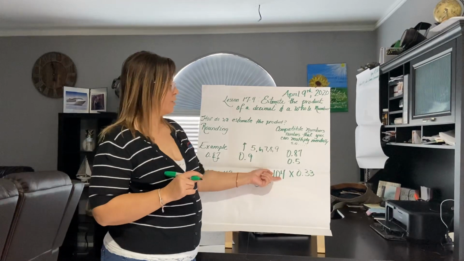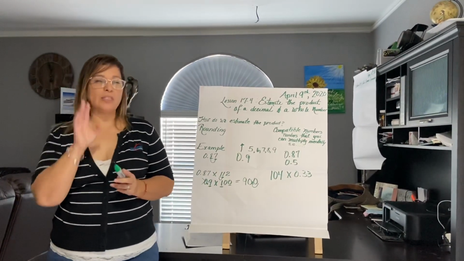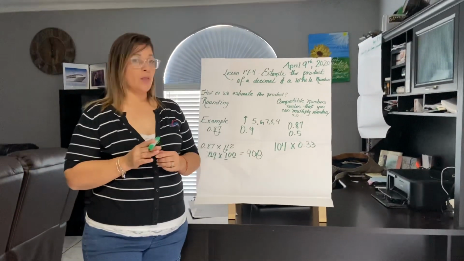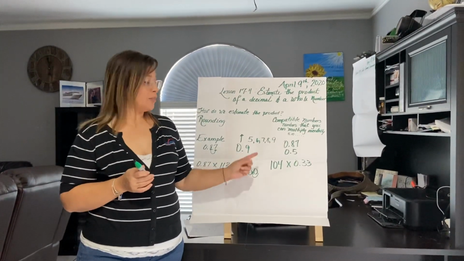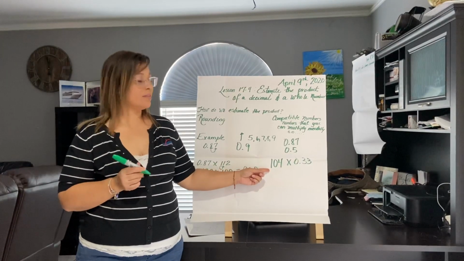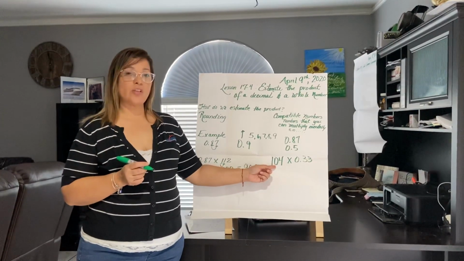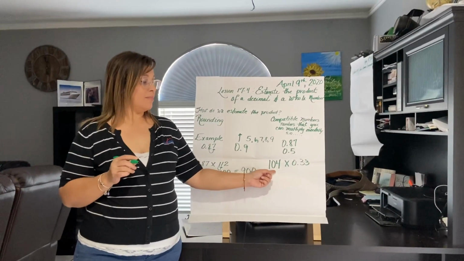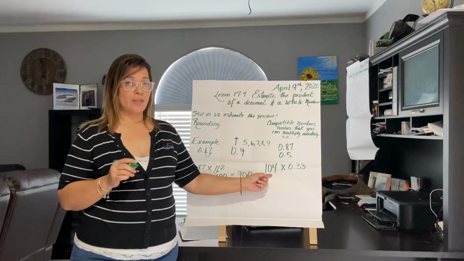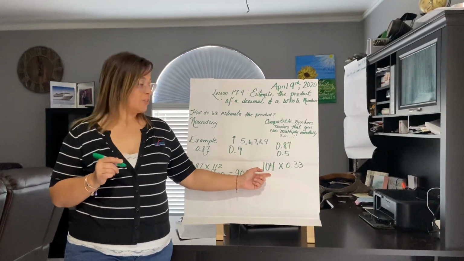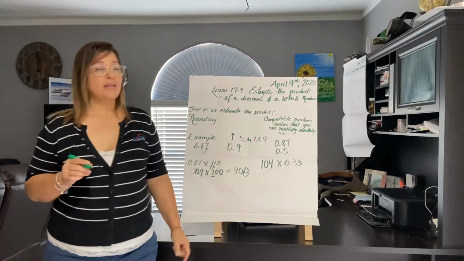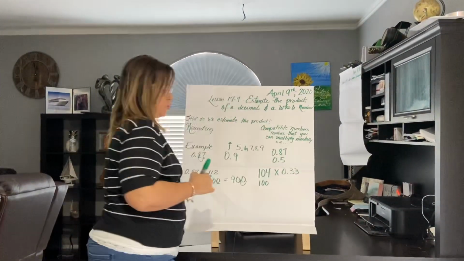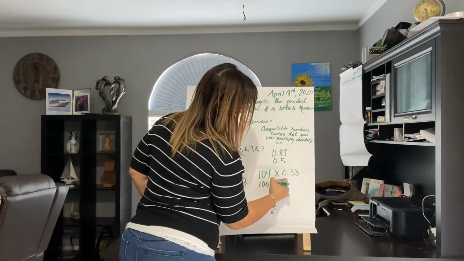So this 104 is going to be rounded to... I'm going to give you 2 seconds to think about that. We look at the number that is in the hundreds place, right? Because to the nearest hundreds. And the number that's going to indicate if we're moving up or staying the same is a 0. So it's less than 5. So that means our 1 stays the same. So we have 100.